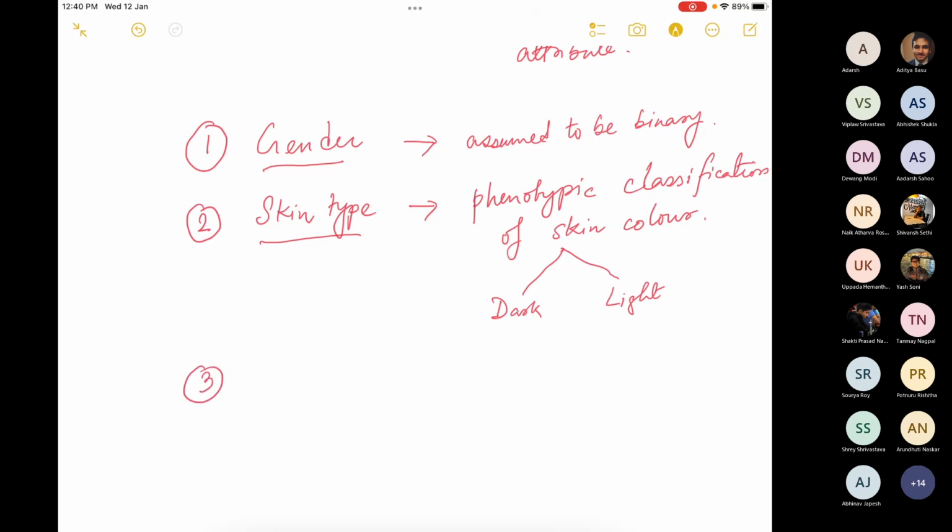Now the third and the most important part. What do you think an intersectional group refers to? The clue lies in points 1 and 2.